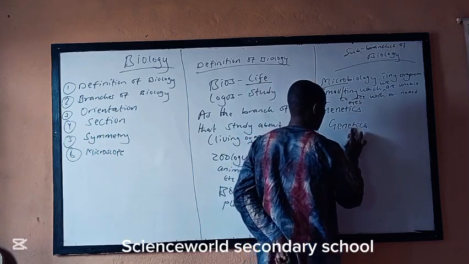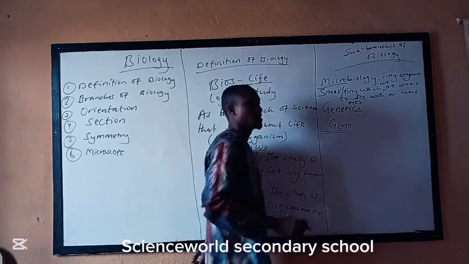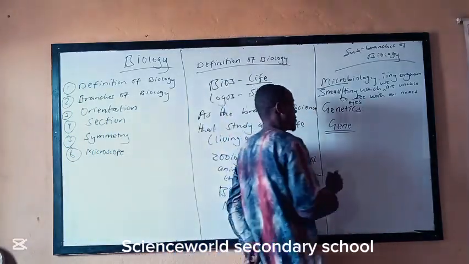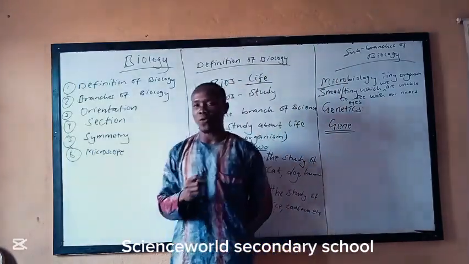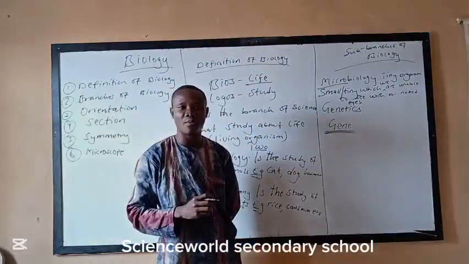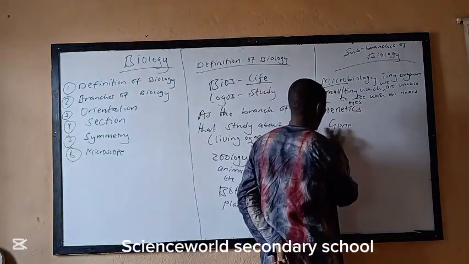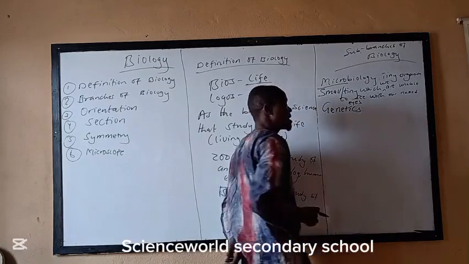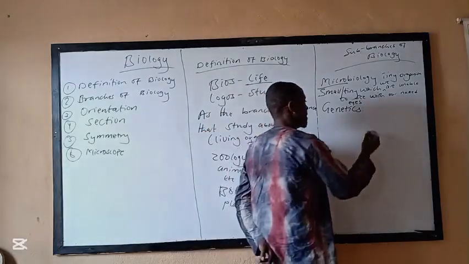Now, if you take the last 4, what you have here is gene. So genetics can be defined as the study of the structure and function of a gene. But in simple form, we can say it is the study of heredity.